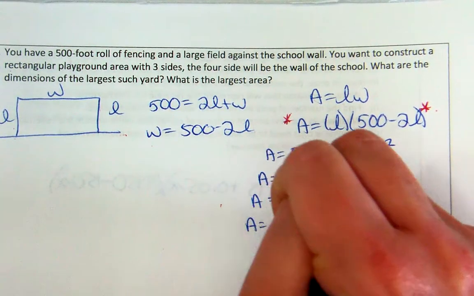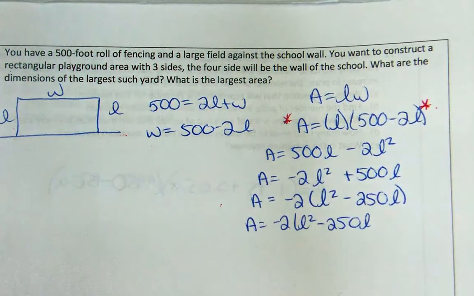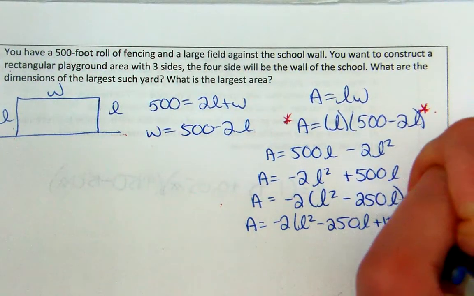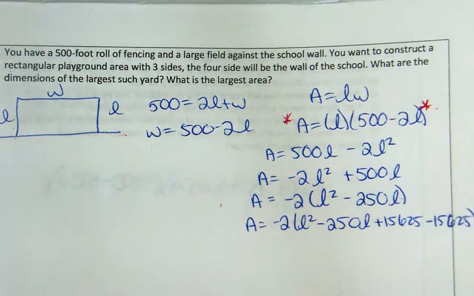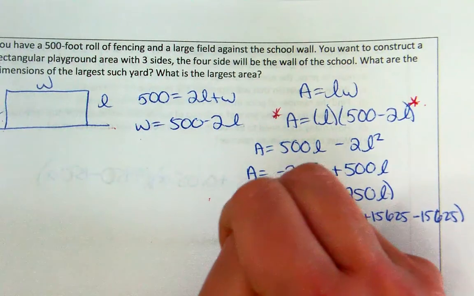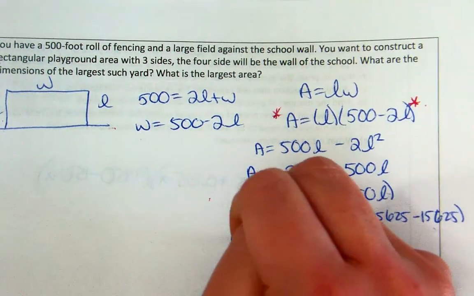I'm going to find my M value by dividing B by 2. So 250 divided by 2 is 125. When I square it, that gives me 15625. So I'm going to add it and subtract it in the same step because I can't change the overall value of the equation. I'm going to kick this negative M value out by multiplying it by A.